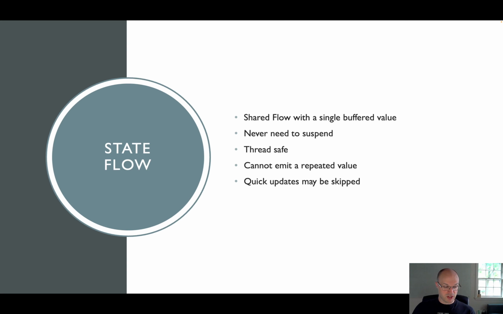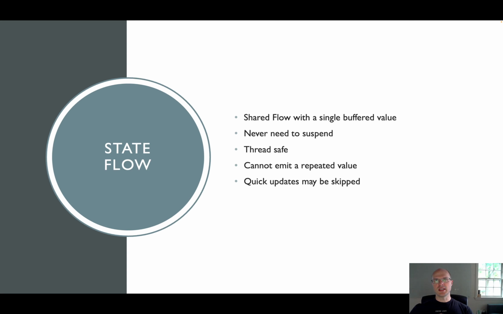But if your subscribers only care about eventually getting the latest value, then that's probably fine for you, if that's what your software design calls for. So it's really powerful, but also limited in some ways.